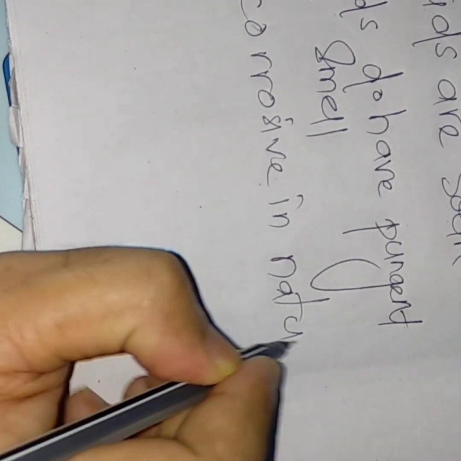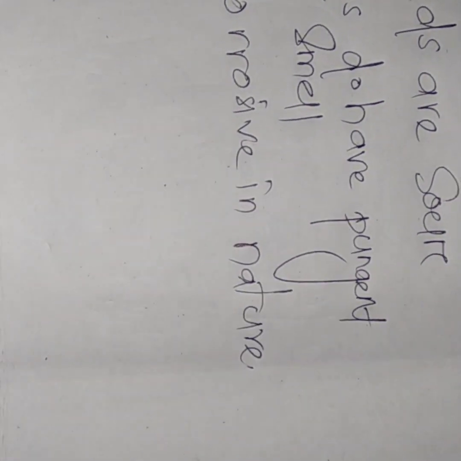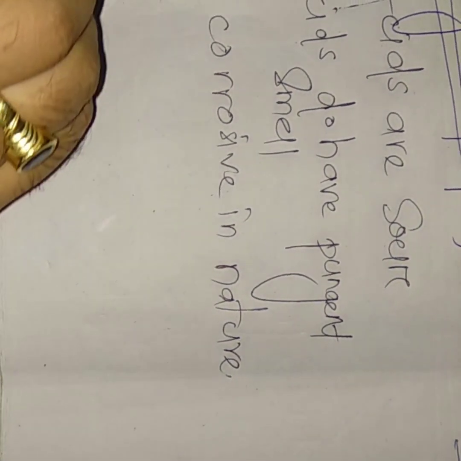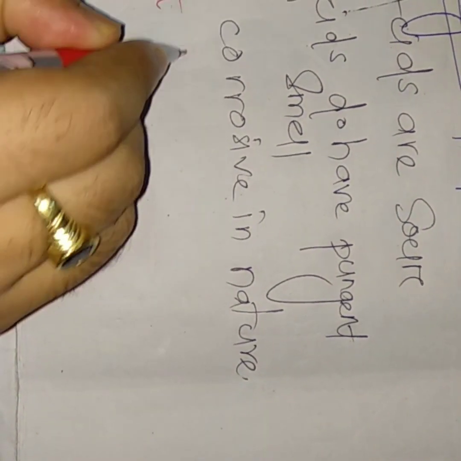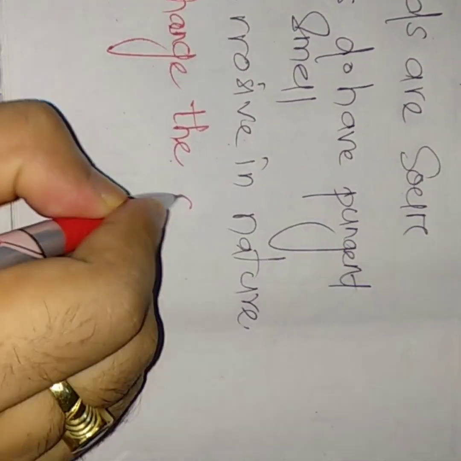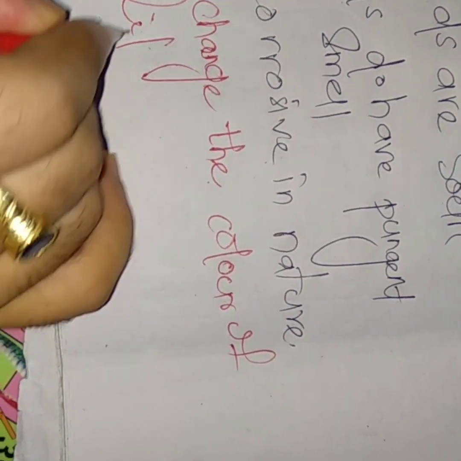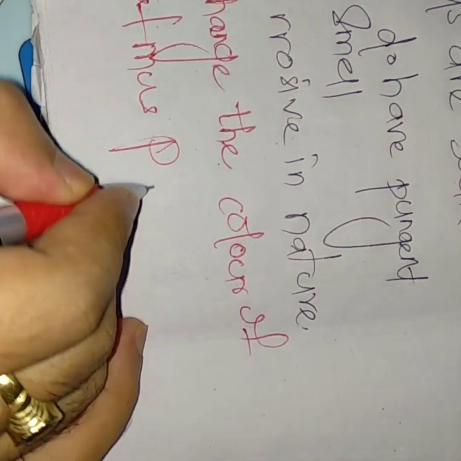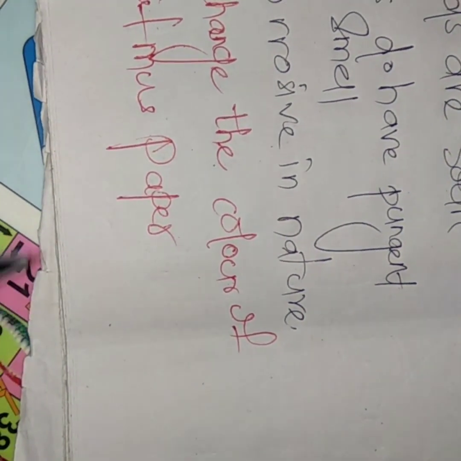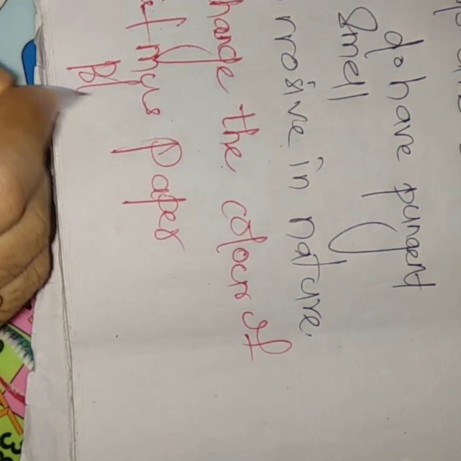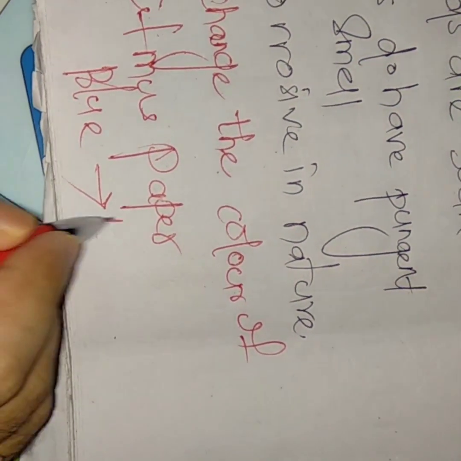Acids are corrosive in nature. And the next important part is it changes the color of litmus paper. It changes the color of litmus paper from blue to red.